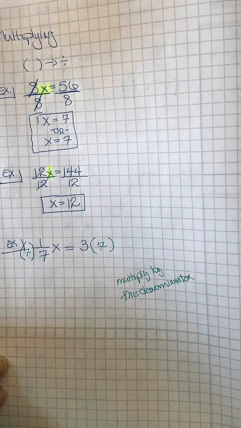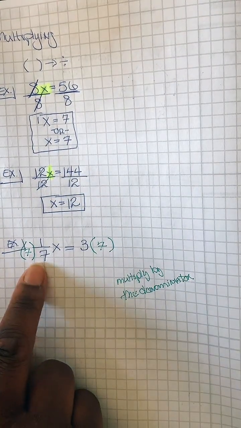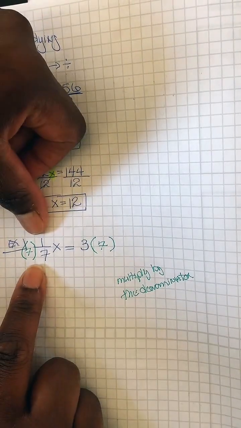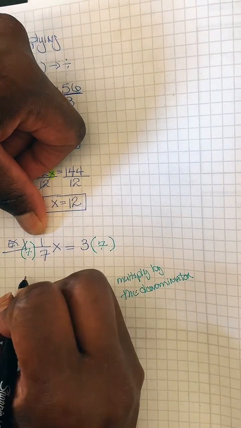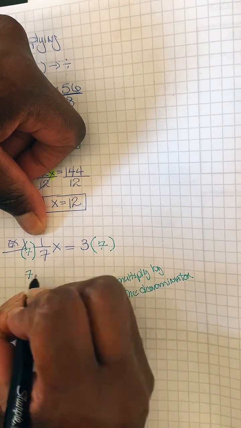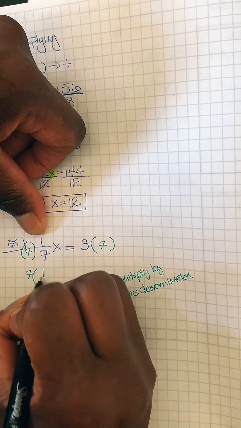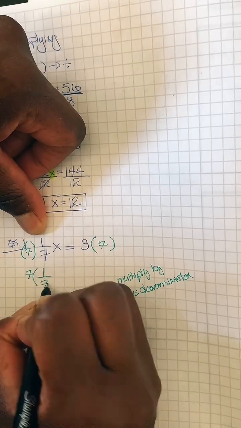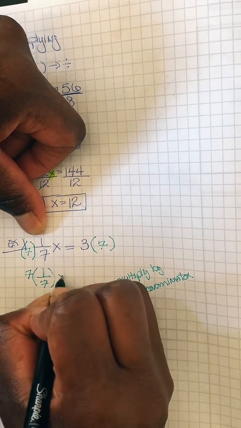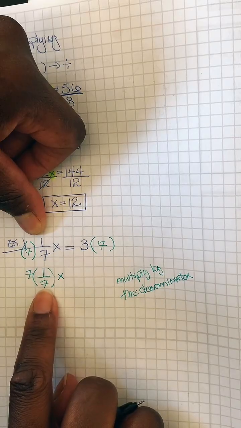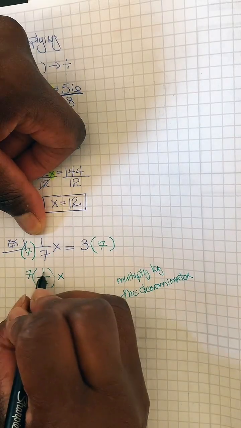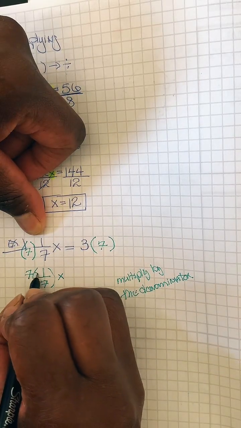So when I multiply by the denominator, this is what's happening over on the left-hand side. I actually have a whole number of 7 being multiplied by 1 over 7. Okay? When I multiply a whole number with a fraction, the numerators are going to be multiplied.